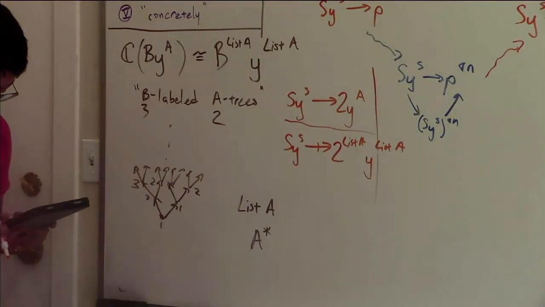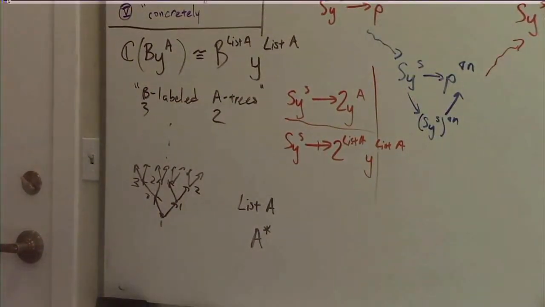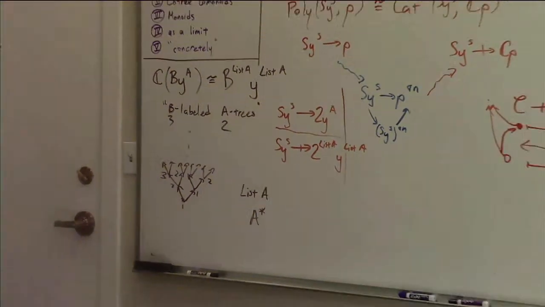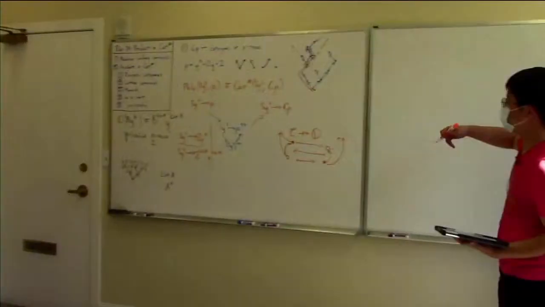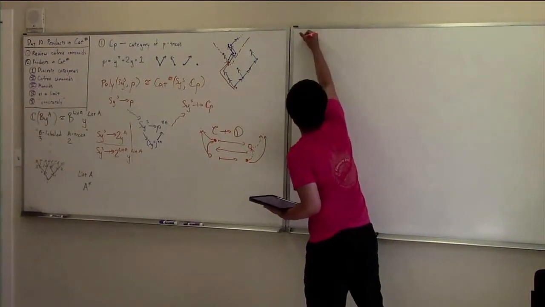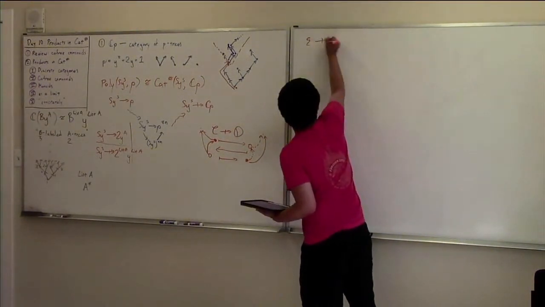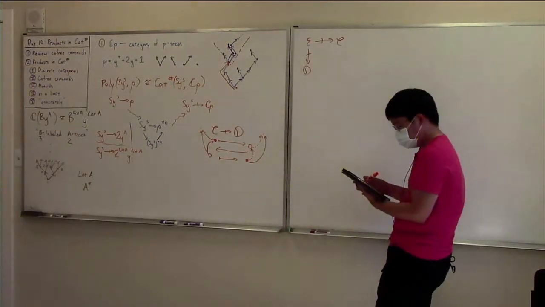Let's get back to what we're going to talk about today, which is this idea of products. Okay, so what do I mean by a product in Cat sharp? Well, it's going to be this thing that tells us if we have a cofunctor into some category C and a cofunctor into some category D. Huh?